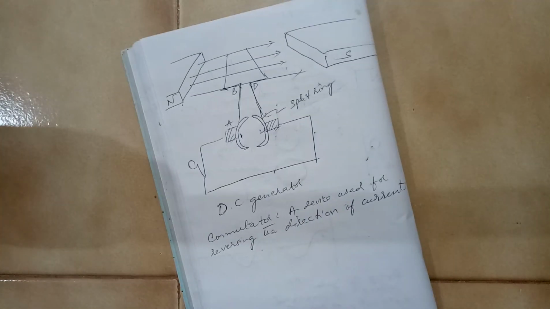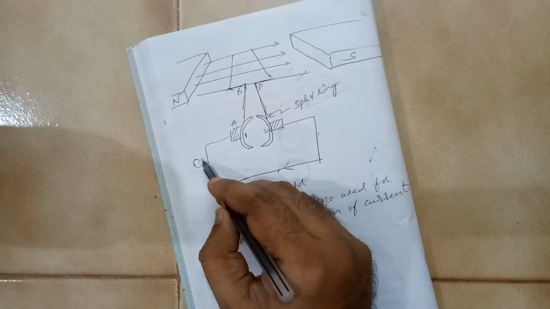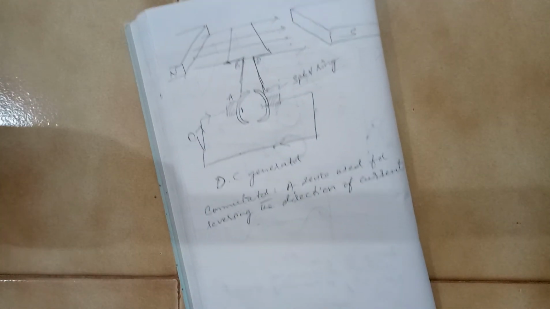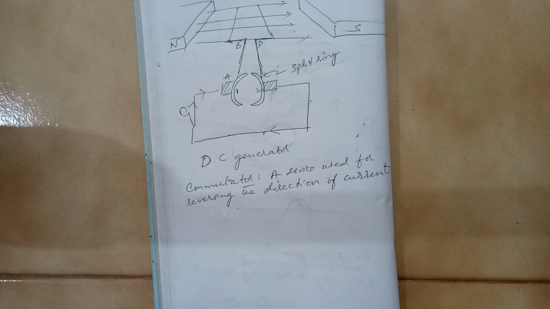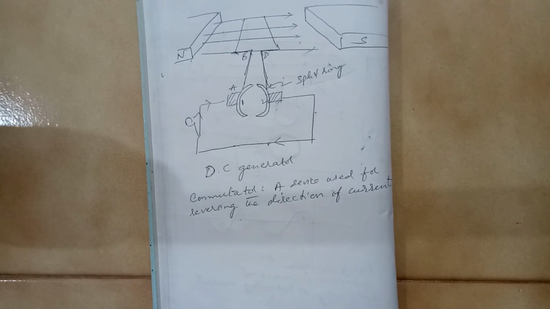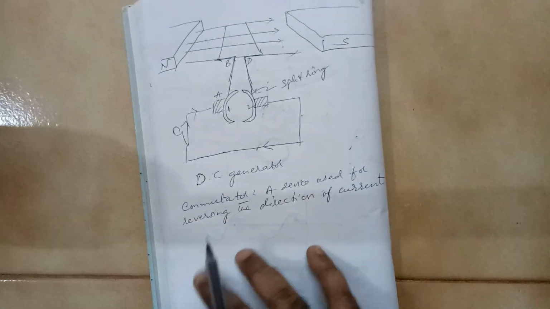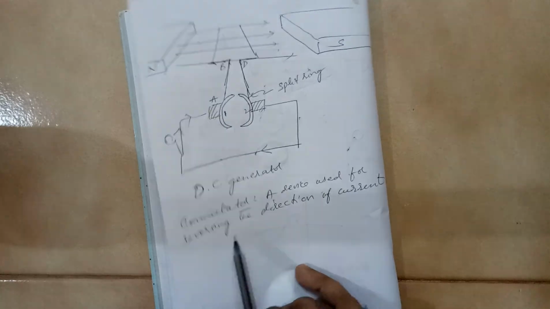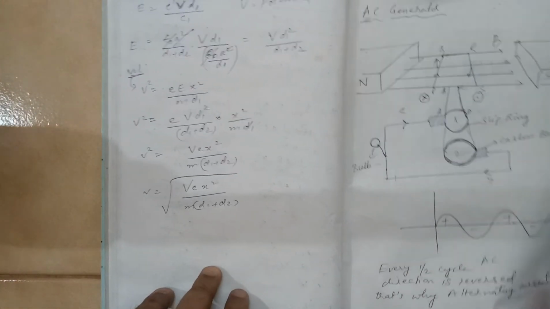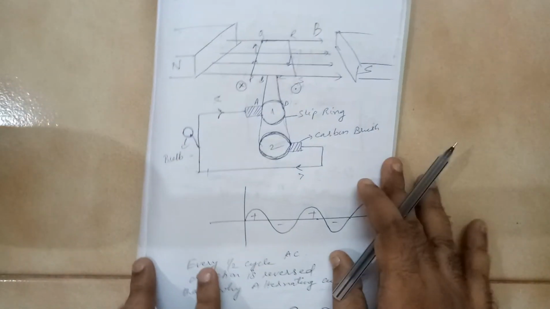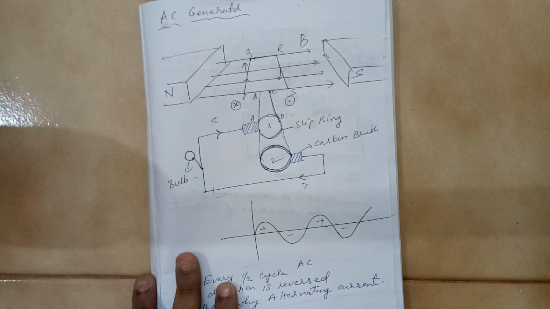So this will maintain the uniformity of direction in the circuit, which is nothing but the DC generator concept. So with slight modification, an AC generator can be modified into a DC generator. Please understand the mechanism of it.